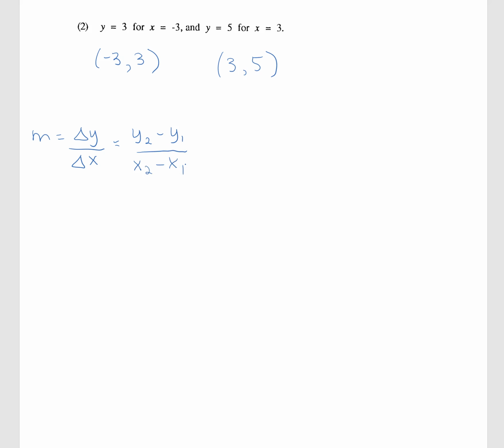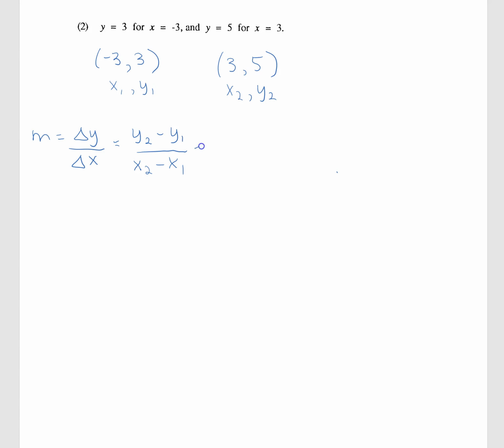And looking at these points given, I'm just going to assign this first one as x1, y1, and x2, y2 for this other point. It actually doesn't matter which one you assign as which, as long as you plug them in to this formula for m in the correct way, you will get the right answer for your slope.